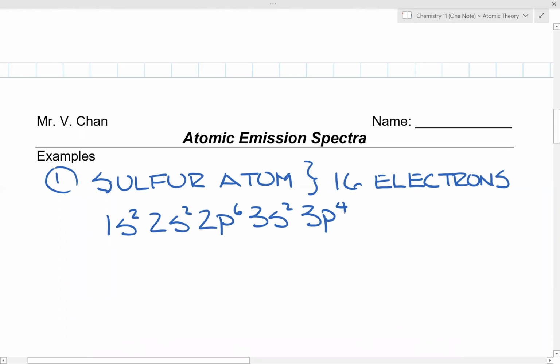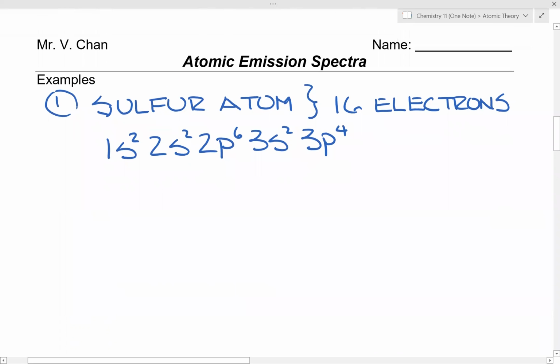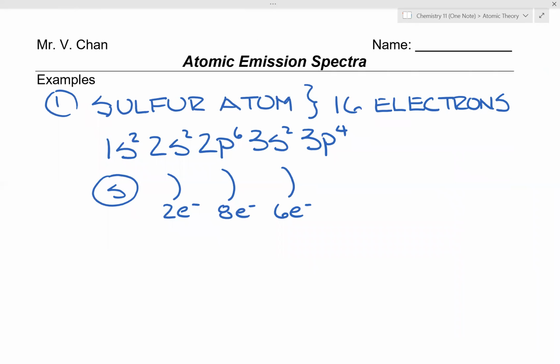Now, you remember back in the Bohr model, you would go, oh, here's sulfur. You would have 2 electrons here, 8 electrons here, 6 electrons here. Notice, how do these match up? I have 2, which is 2.